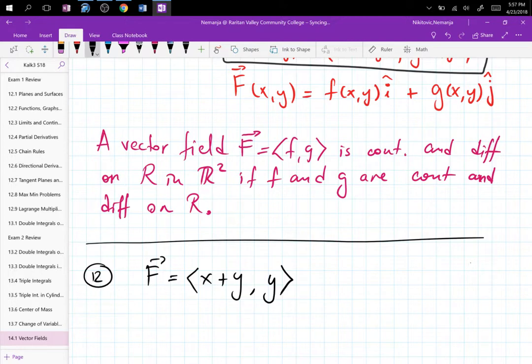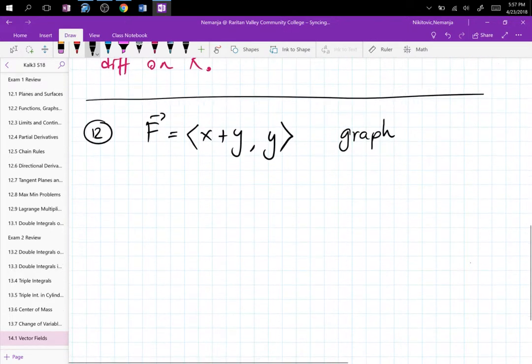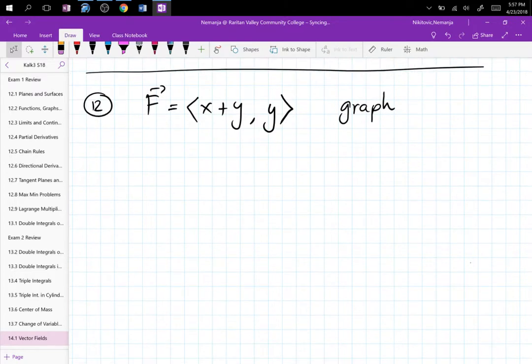So graph, describe, do something with this. Let's graph. I have a formula for a vector field which contains 2 functions in it, function f, function g.